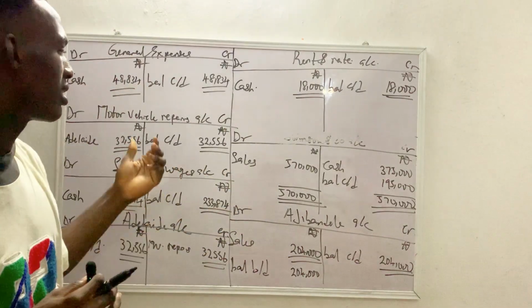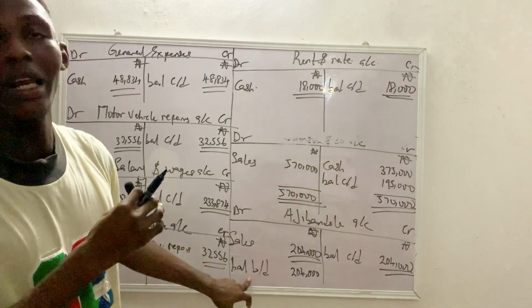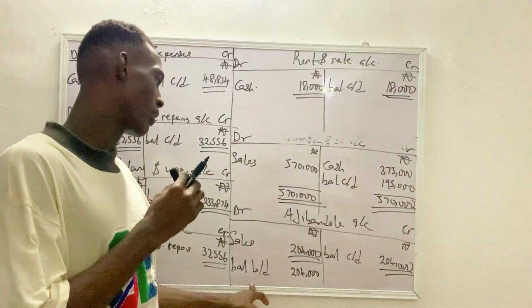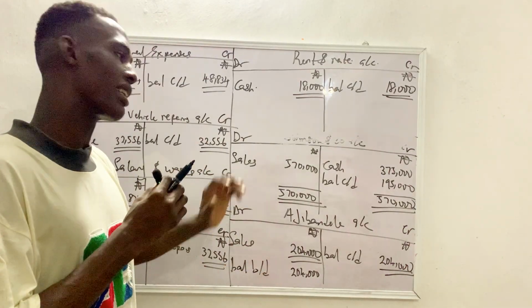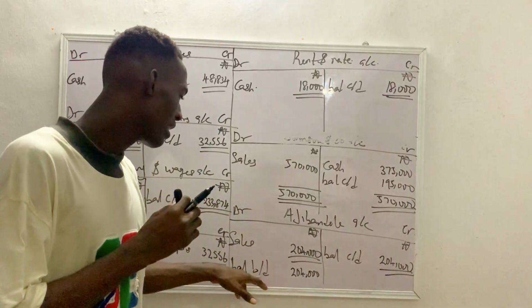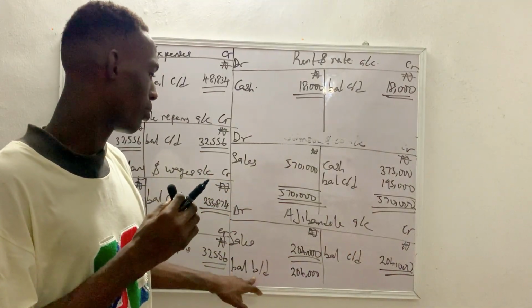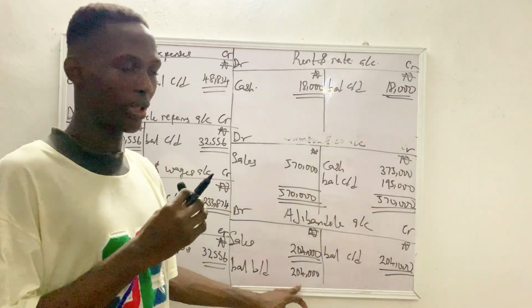But how do I know? I know this is a receivable. Apart from looking at where the balance brought down is, I could tell that this is a receivable. Now that aside, whether you know it is a receivable or not, so far it is on the debit side and it is having a balance brought down, then you put it on the debit side of your trial balance.